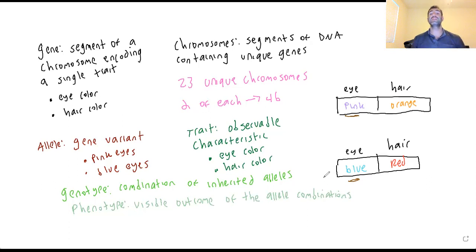So you're seeing that inheritance is incredibly complicated. The genotype is easy. They have one allele for pink eyes and one allele for blue eyes. The phenotype, though, remains to be seen because it all depends on how the alleles interact.